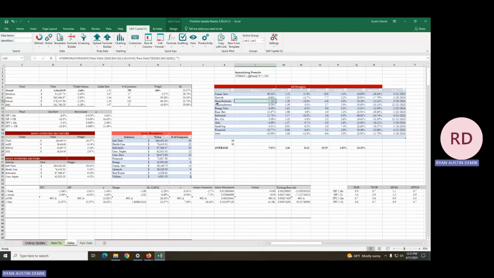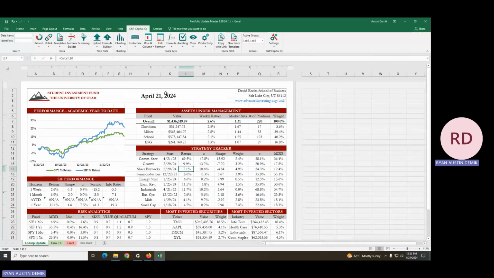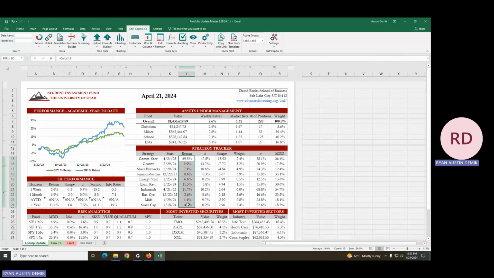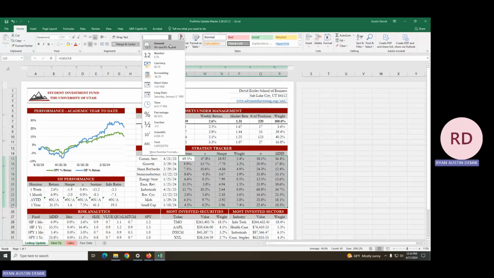Because we've seen in the past, for example, share buybacks is actually at a negative 7.10%, and it's displaying as a positive 7.1% right here. And one thing I think we talked about was it had to do with the custom formatting here.